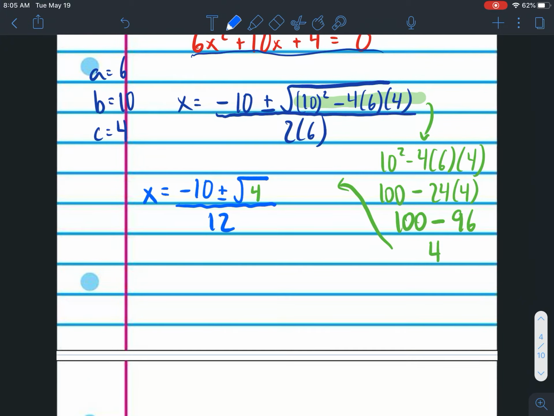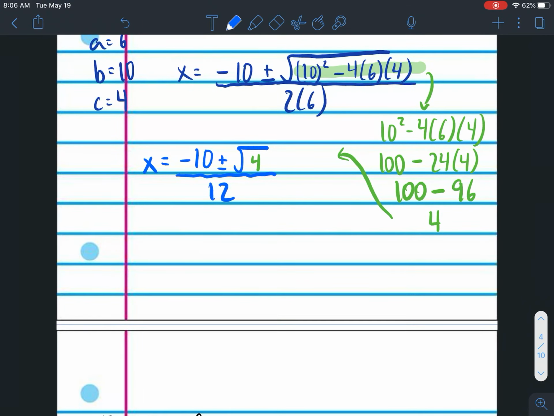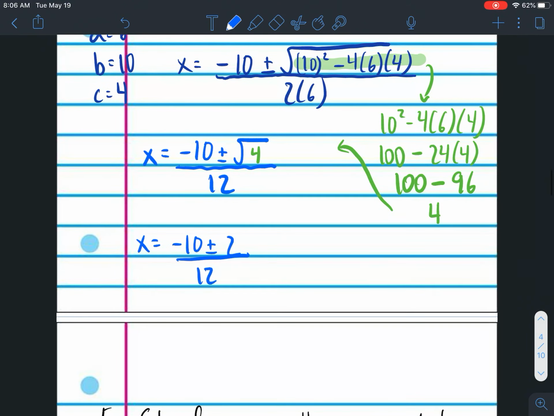That's nice. The square root of 4 is 2, so we know it's going to be x equals negative 10 plus or minus 2 over 12.